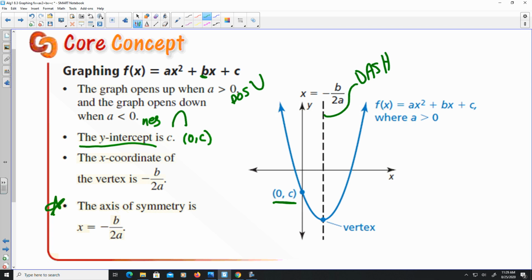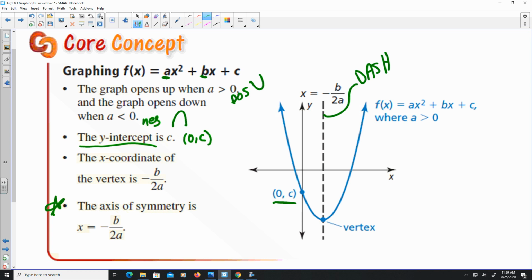Well, b is the coefficient attached to x to the first power, and a is the coefficient attached to x squared. That's how you determine where that dashed line is going to go.